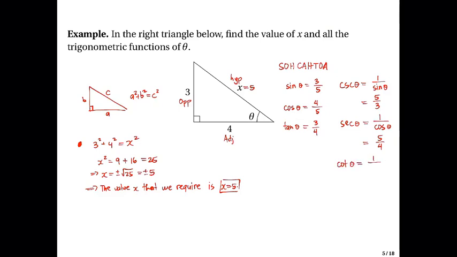This is 1 over tangent theta. The reciprocal of tangent theta will be 4 over 3. So these are the 6 values of the trigonometric functions of theta.